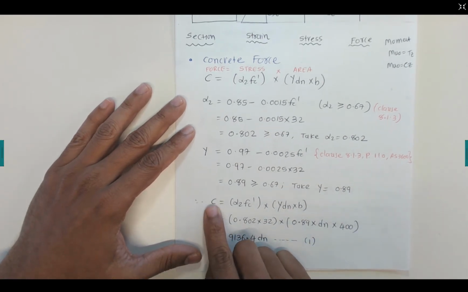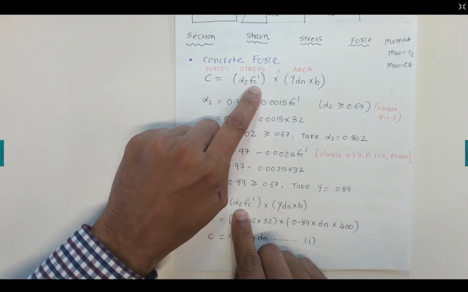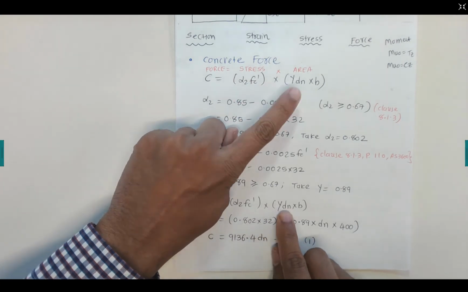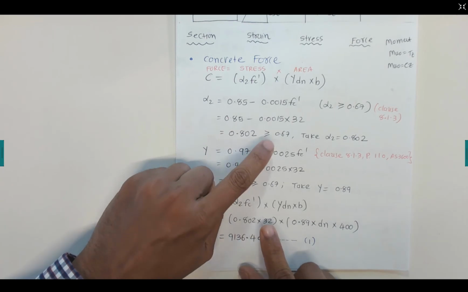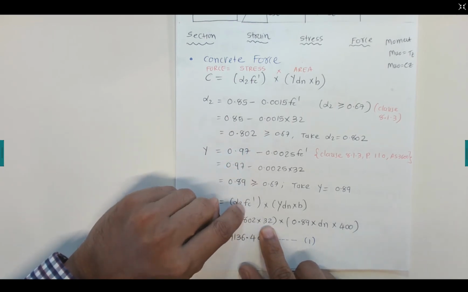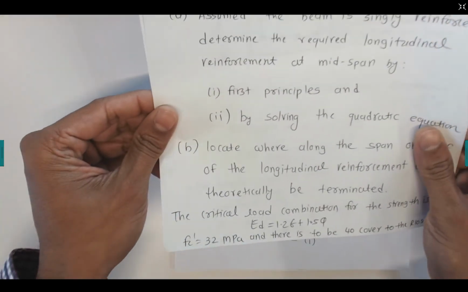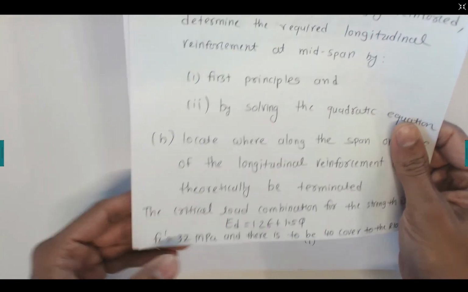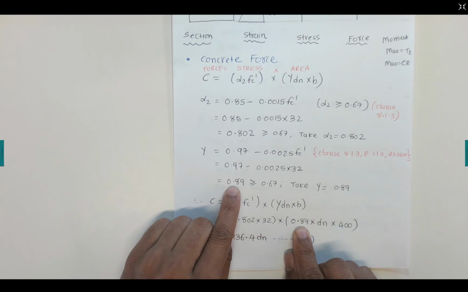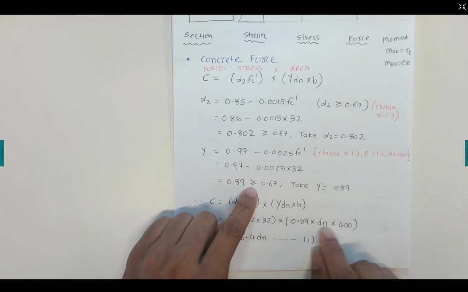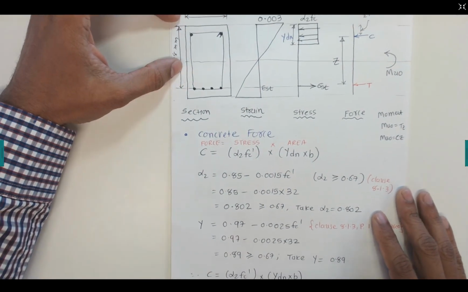So in that case we take the concrete force C equal to alpha 2 fc' times gamma dn times b. That is 0.802 times 32, the characteristic strength of the concrete fc' given in the question as 32 megapascals, times gamma, which we calculated as 0.89, times dn. We don't know dn, it is nothing but the depth of the neutral axis.